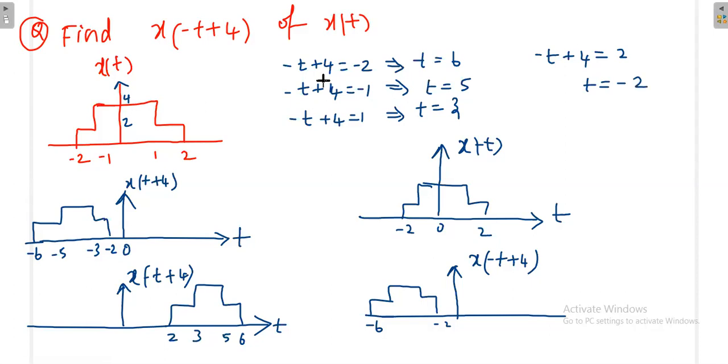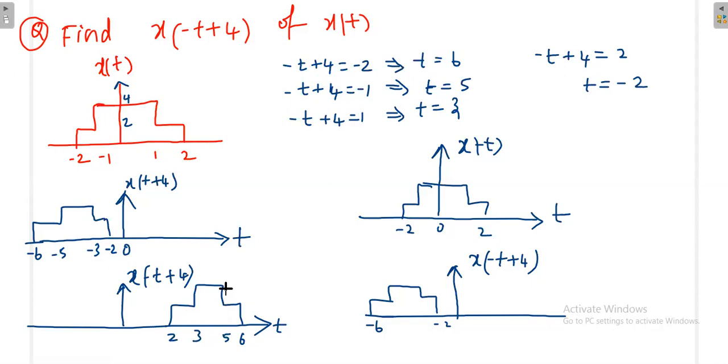That means whatever value you had at minus 2 in the old diagram will be mapped to 6 in the new diagram. At minus 2, something is rising, so at t equal to 6 in the answer, something has to rise. Yes, it is rising. Similarly, at minus 1 something is rising, so that has to happen at t equal to 5, and yes, it is happening.